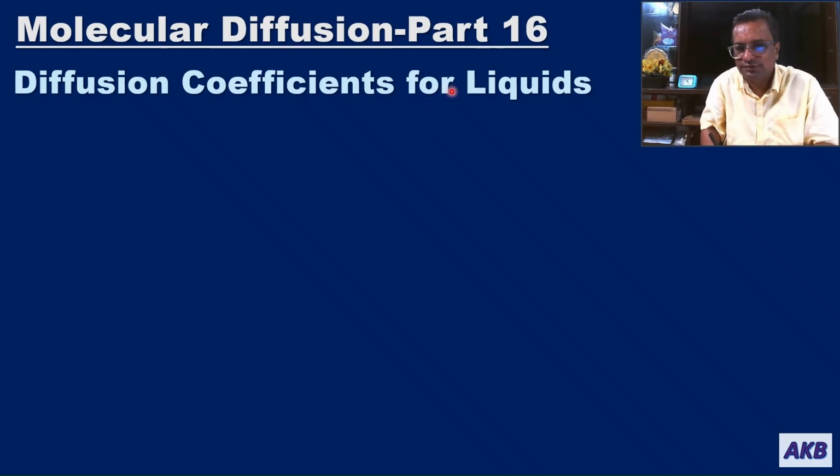In part number 15, I had discussed a few important equations that have been proposed in the literature, which can be used for estimating diffusion coefficients for liquids. And in this video lecture, I will be discussing how you can use those equations for estimating the diffusion coefficients.